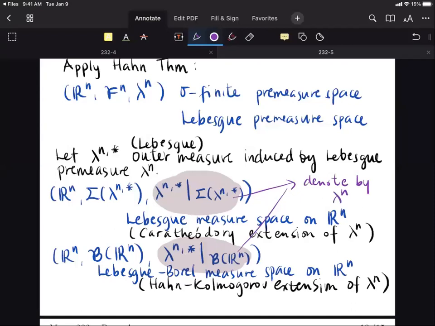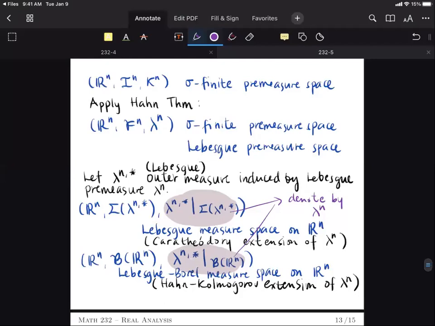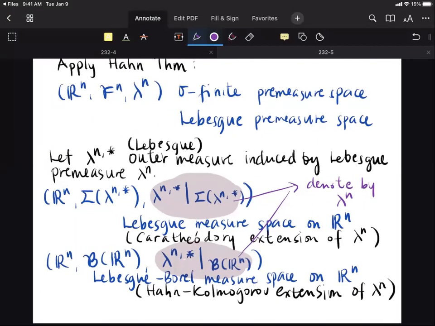So this abusive notation or simplifying notation does not lead to any contradiction. And that's the construction of the Lebesgue measure space on Rn and the Lebesgue-Borel measure space on Rn. So the Lebesgue-Borel measure space is in fact the one that is utilized in probability theory.